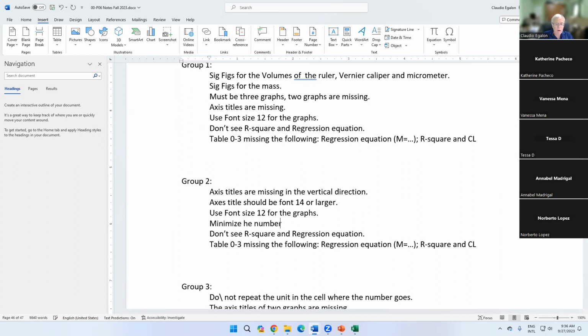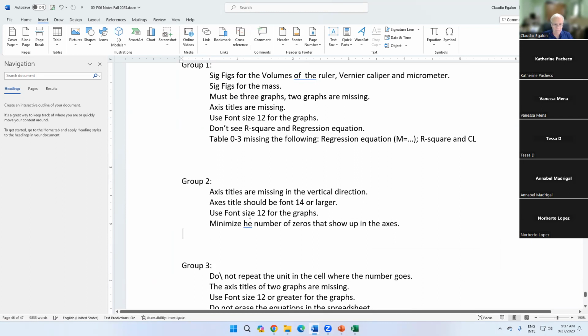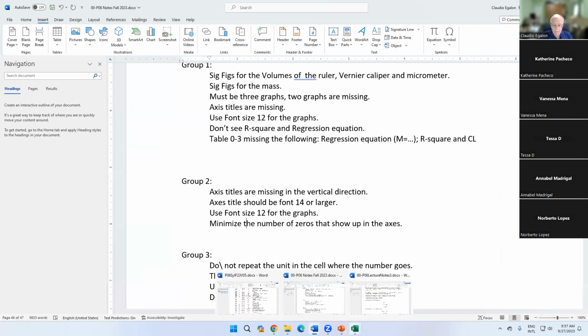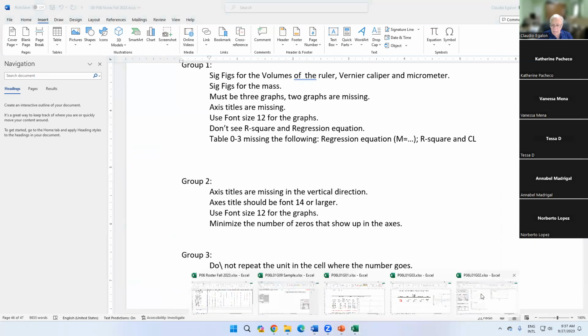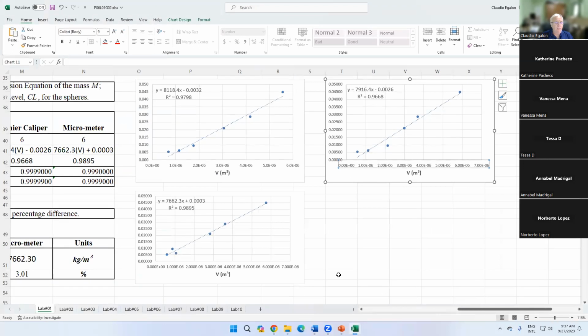Minimize the number of zeros that show up in the axis. Okay. Wherever you can, you can eliminate this zero.